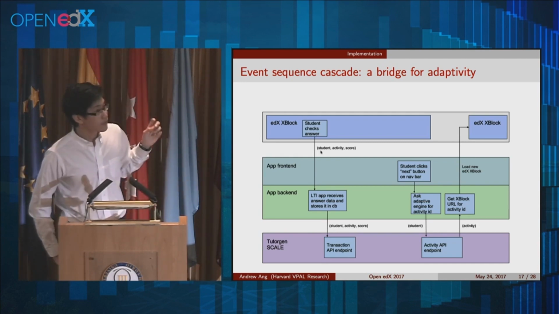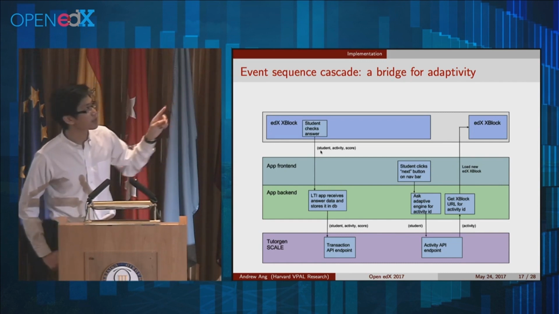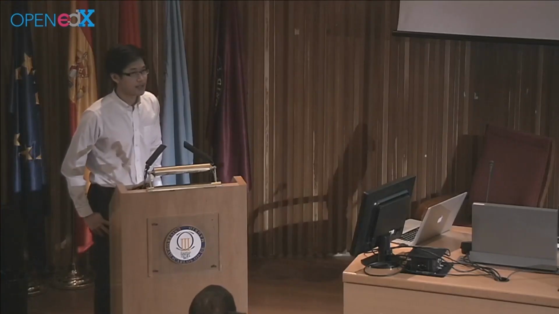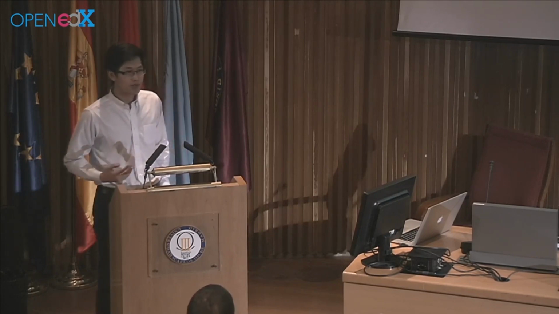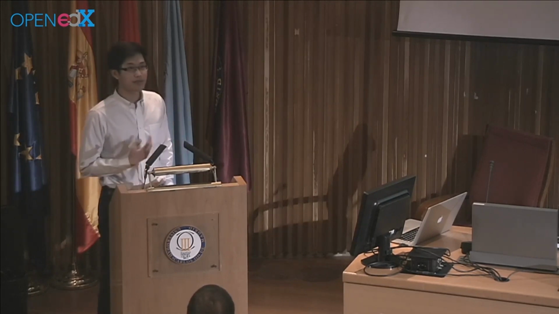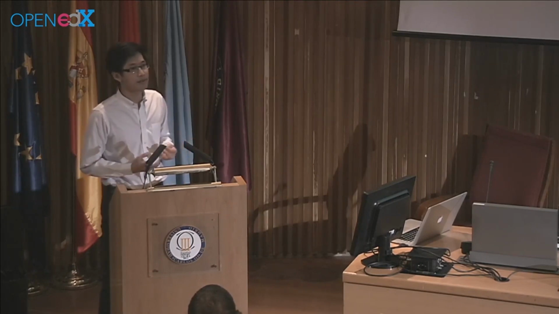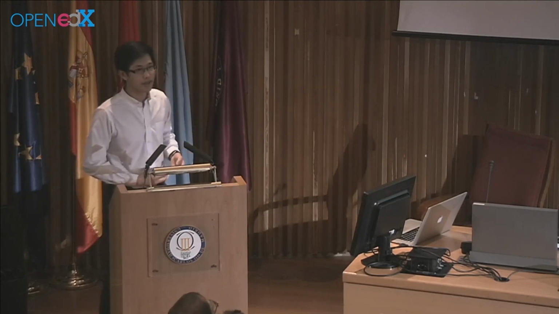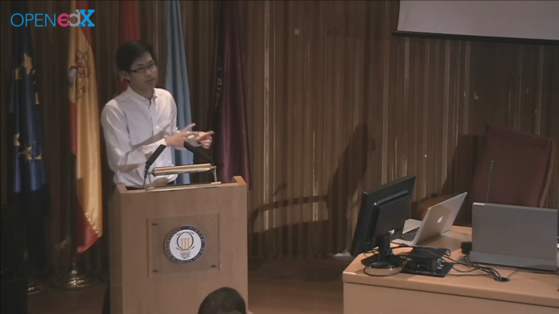And then when the student clicks next question on the nav bar, we send a request to the adaptive engine that says, we have this student, which question should they do next? And then we get a response. They say, question 4. And so then we keep track of a mapping that says question 4 means this XBlock URL. And then we serve that XBlock URL inside the problem window, just with a regular iframe.